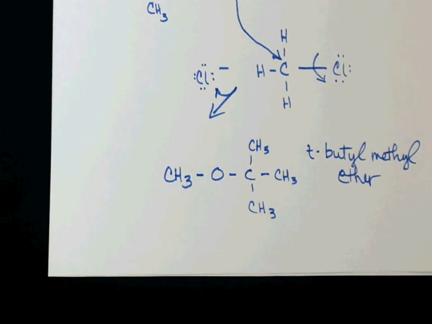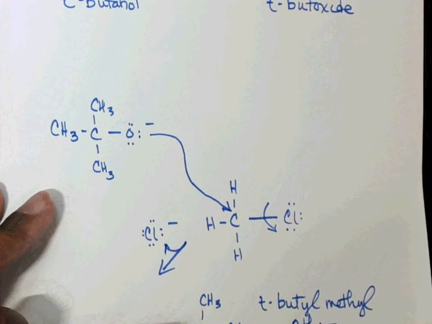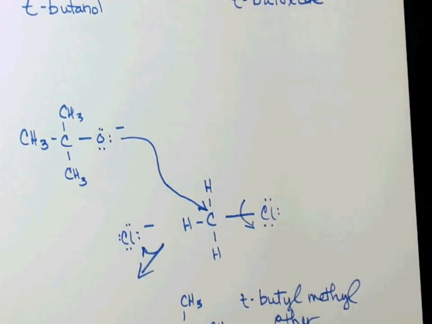Okay? Now, this is all well and good, but I just thought of a question that we haven't asked. The whole time that we've been doing this Williamson synthesis, we said that the type of alcohol from which the alkoxide comes doesn't matter.